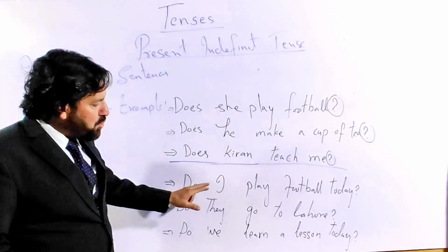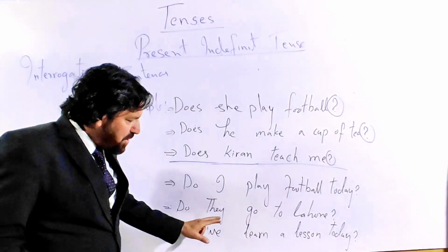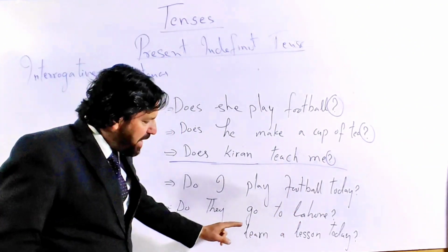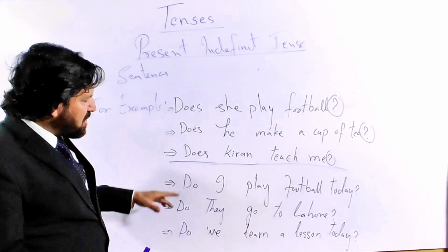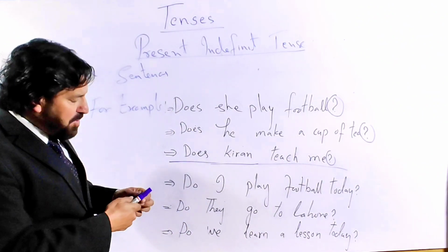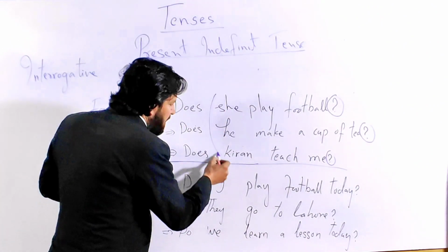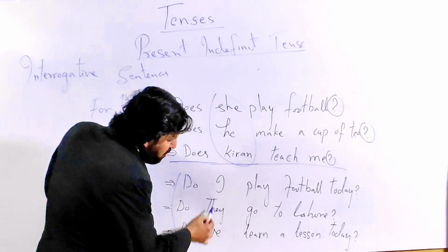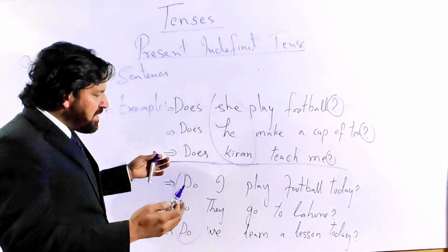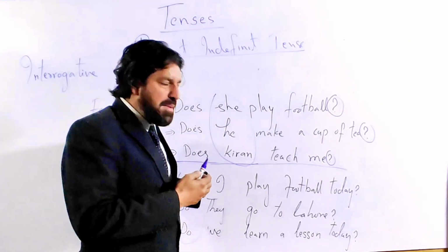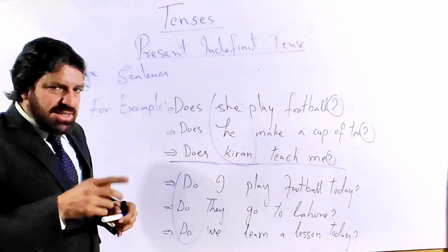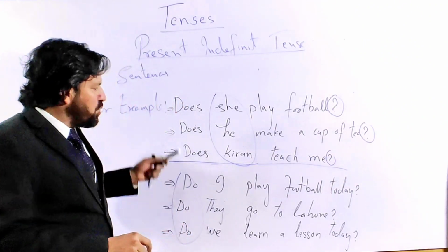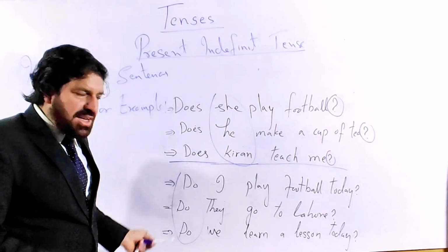And the next ones are: do I play football today? Do they go to Lahore? Do we learn a lesson today? The same thing: we use does with a singular noun and pronoun, and we use do with a plural noun and pronoun, but the other things remain the same in all your sentences. In present indefinite tense interrogative sentences, do and does will be used at the beginning of the sentences.